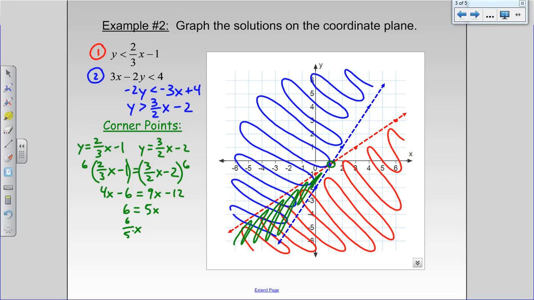Now solving for y, in equation 1, we have y equals 2/3 times 6/5 minus 1. Finding a common denominator, we obtain y equals -3/15 or -1/5. Therefore, the coordinates of our corner point are (6/5, -1/5).